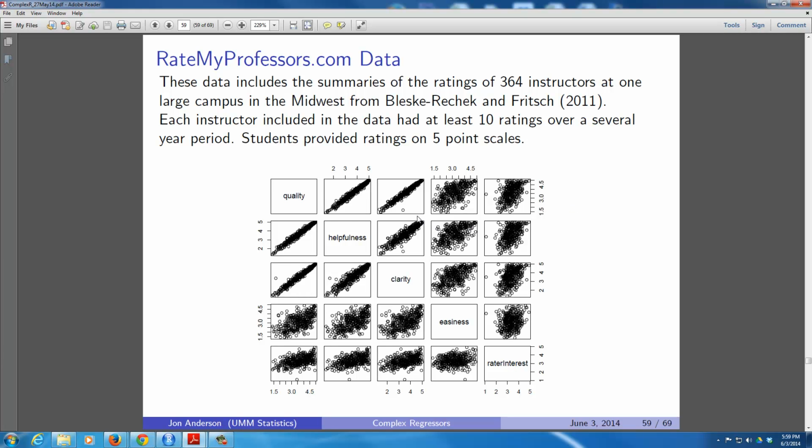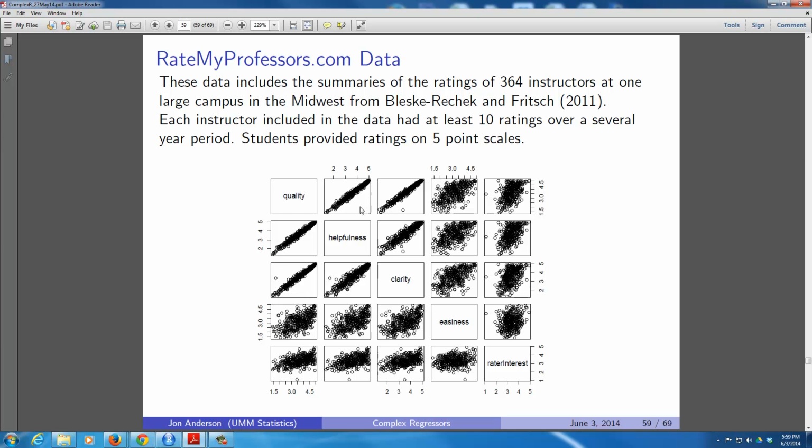And you can see that a lot of these variables, like helpfulness and quality, are almost perfectly correlated. And clarity and helpfulness are very correlated. And clarity and quality are very correlated. And even some of the rater interest and quality are correlated.